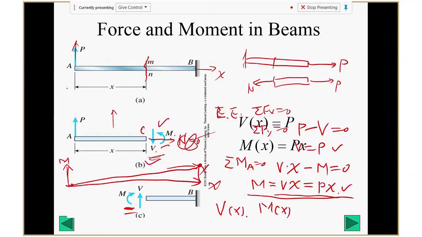But in deformation, there's no clockwise or counterclockwise issue. You just deform bending upward or bending downward. Look at this one again, this will help you understand it. This N here, we say it's positive because it generated elongation. But when you write the equation of equilibrium, you write negative N plus P equals 0, so you say N is negative.